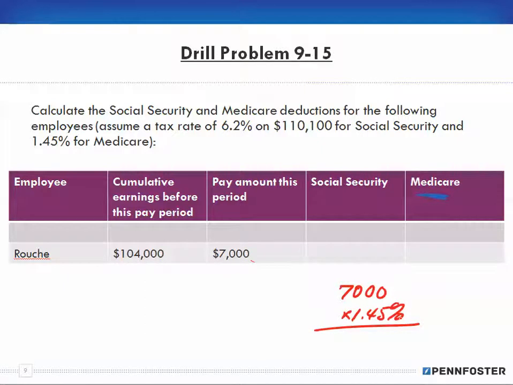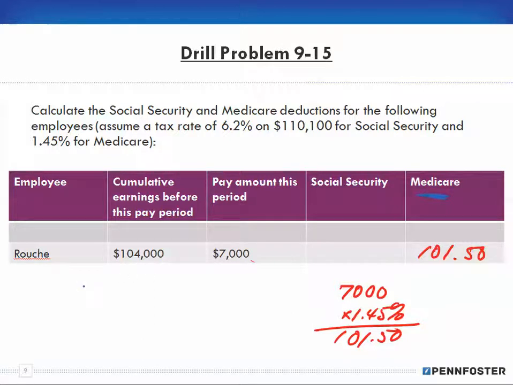So 7,000 times 1.45%. That means the Medicare deduction is going to be $101.50. Okay.